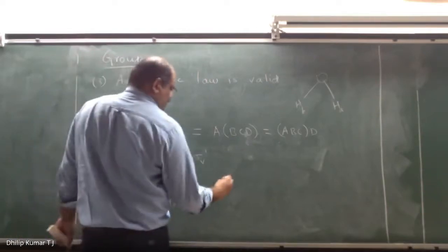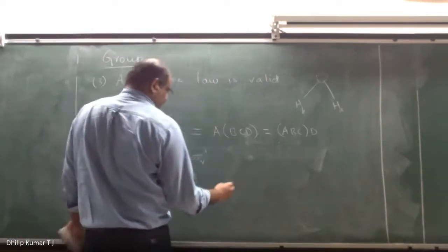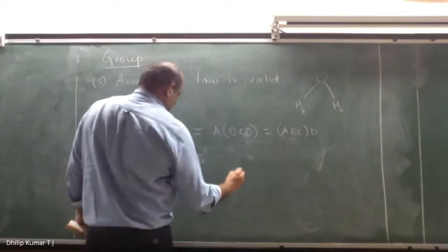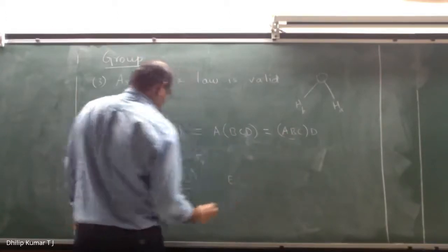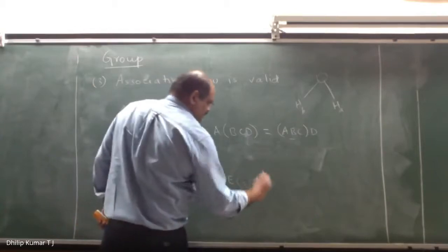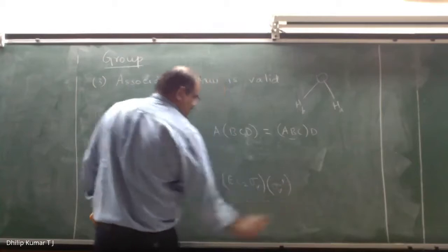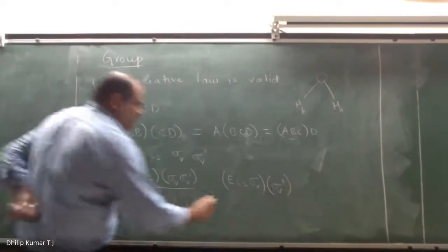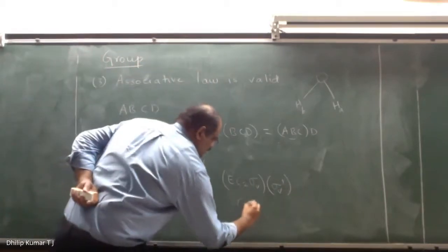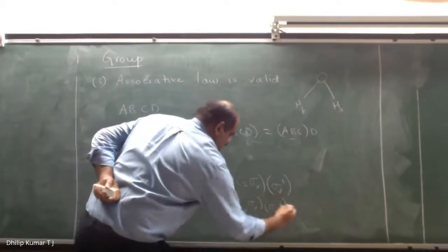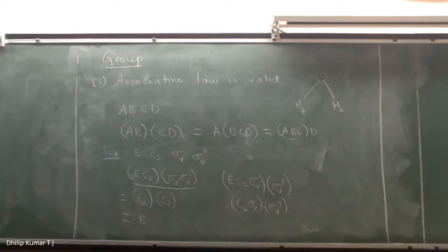If you combine, say E into, why not, we'll just take this one, E into C2 into sigma V into sigma V prime. You do this, so if it performs C2 into sigma V, what? Sigma V prime.